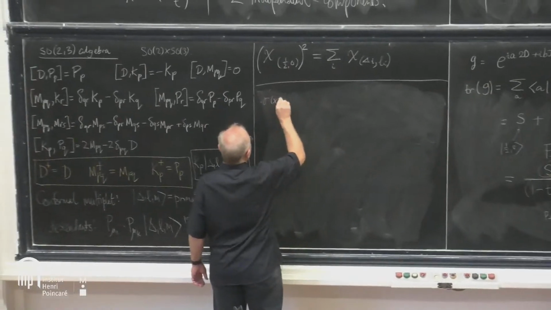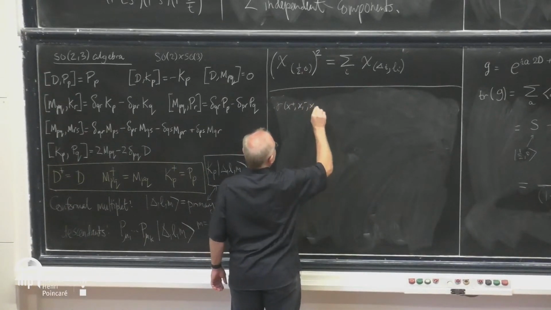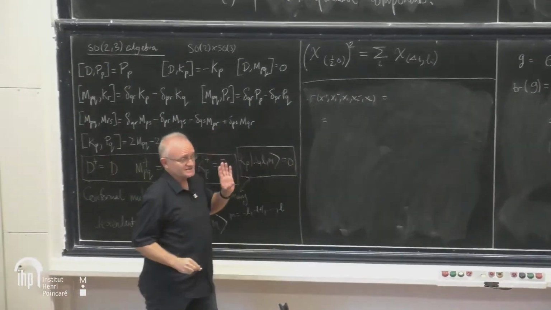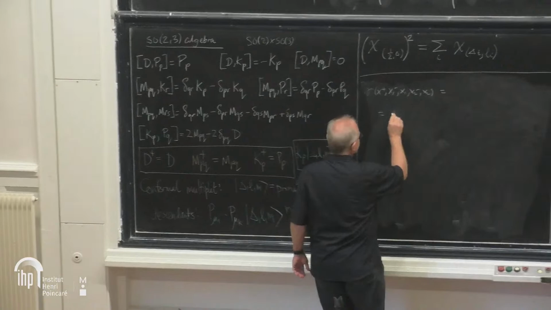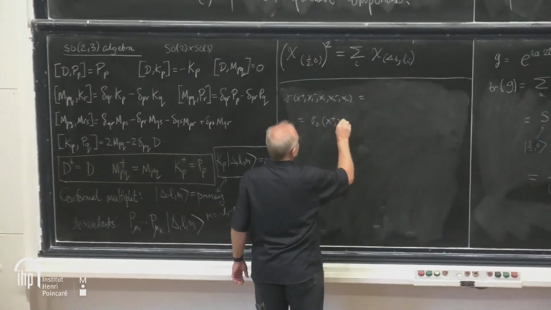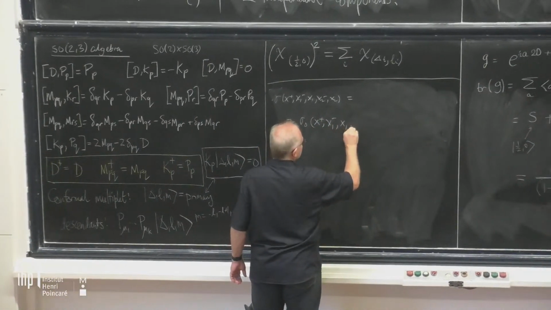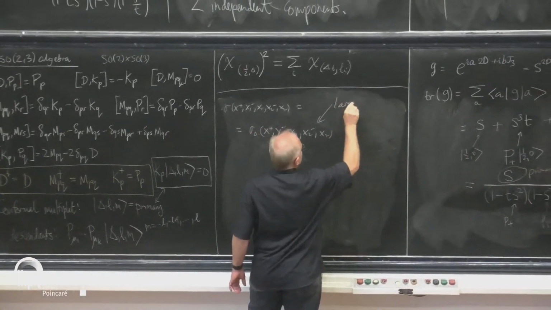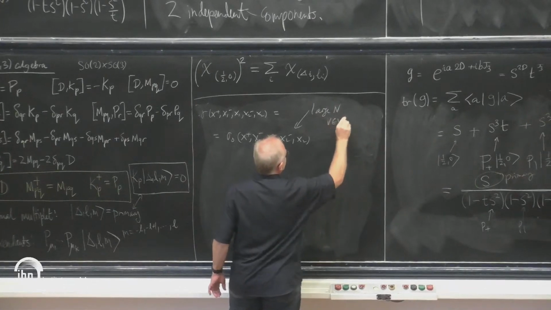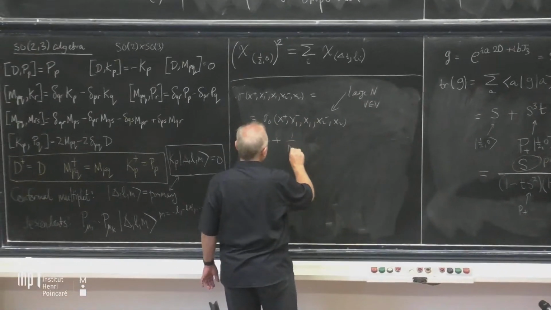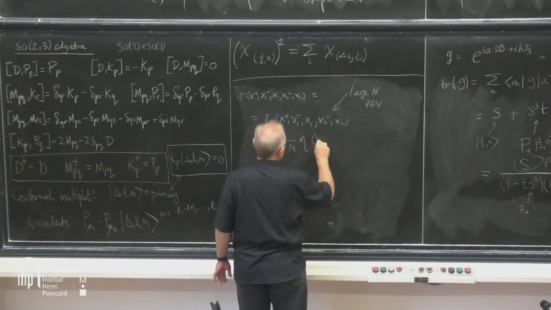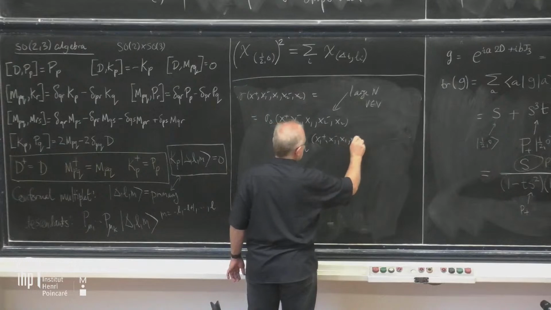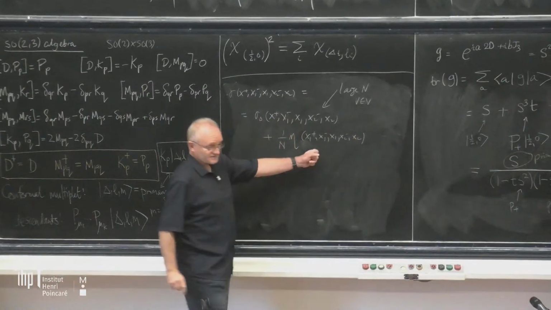Sigma of x plus, x1 minus, x1, x2 minus, x2. This has got two pieces. It's got a piece which is the large N expectation value, the large N vacuum expectation value. And then there's a second piece, and that's a fluctuation.